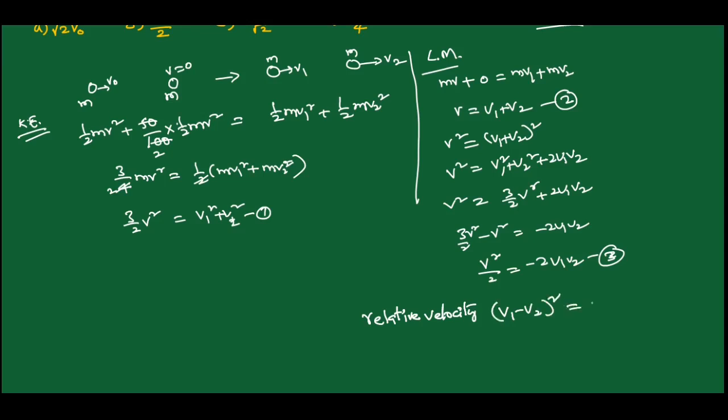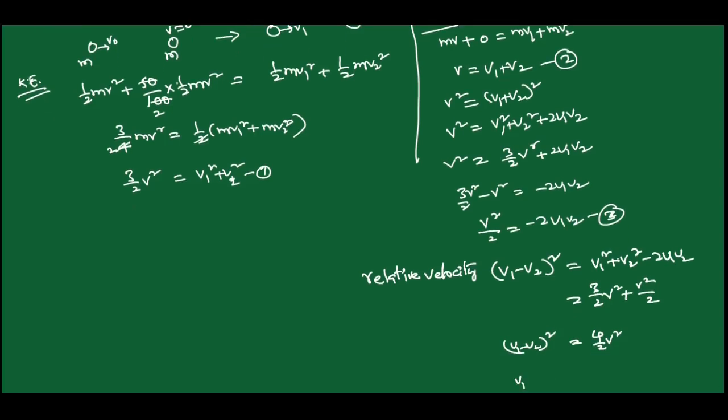That is v1 square plus v2 square minus 2v1 v2. v1 square plus v2 square is 3 by 2 v square from equation 1, and minus 2v1 v2 is plus v square by 2. After simplifying, 3 by 2 plus 1 by 2, the LCM is the same, so you get 4 by 2 v square. So this is v1 minus v2 whole square.